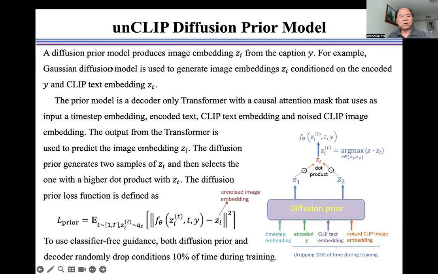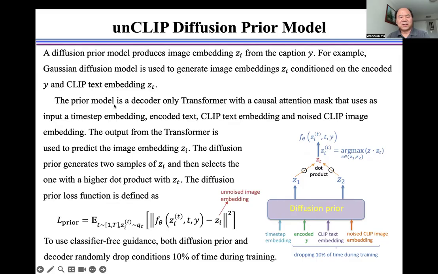The diffusion prior model produces image embedding Zi from the caption Y. For example, a Gaussian diffusion model is used to generate image embeddings Zi conditioned on the encoded Y and CLIP text embedding Zt.